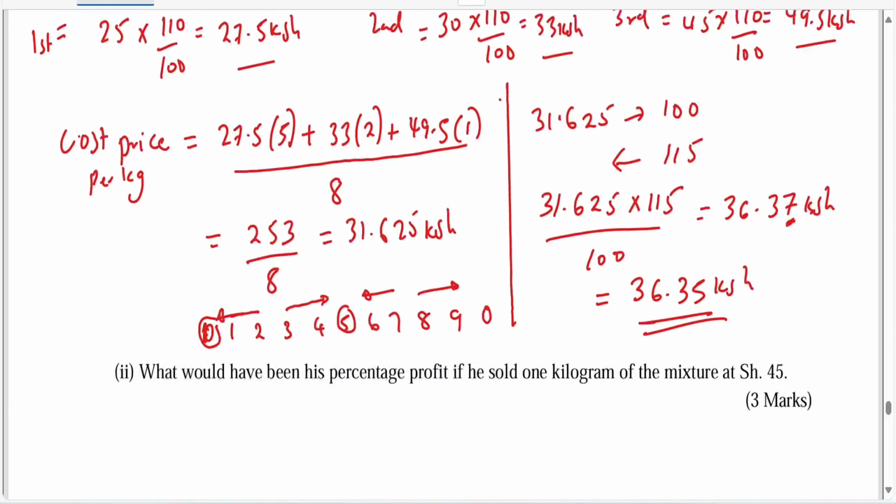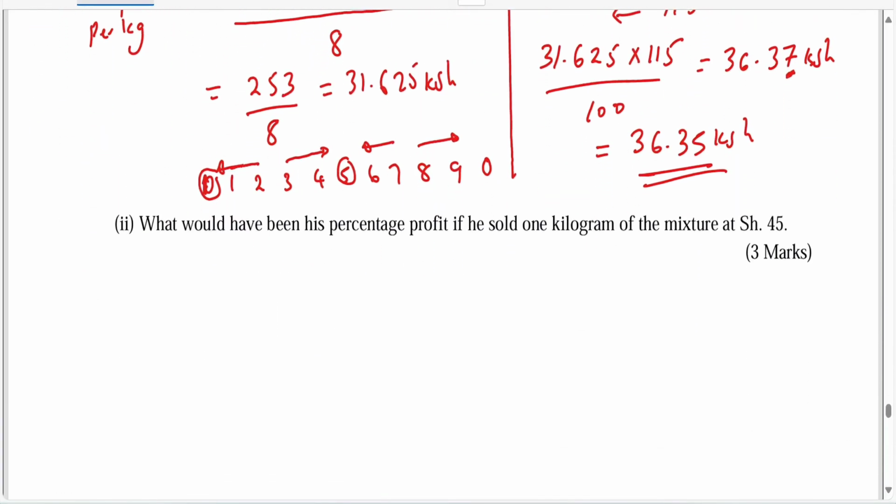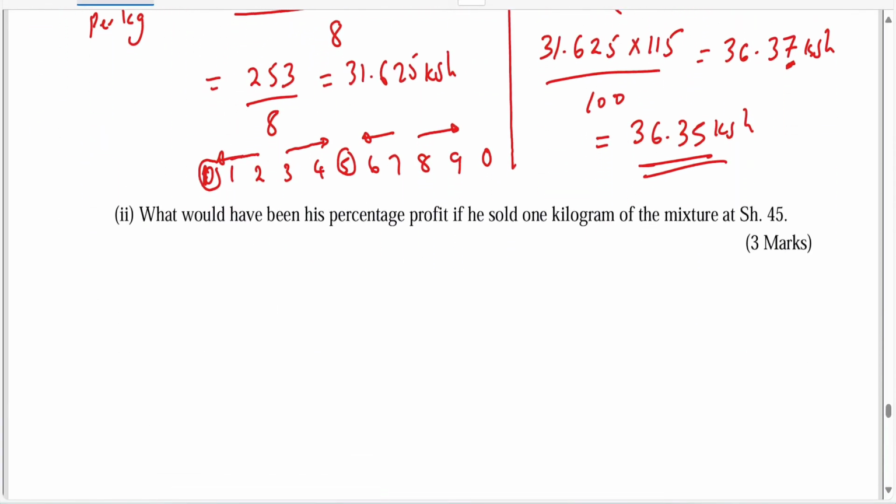So swali la pili umeulizwa what would have been his percentage profit if he sold 1 kilogram of the mixture at 45 shillings, right? So your cost price per kg ni ile tu, per kg ni hiyo 31.625. But now your selling price per kg is how much?